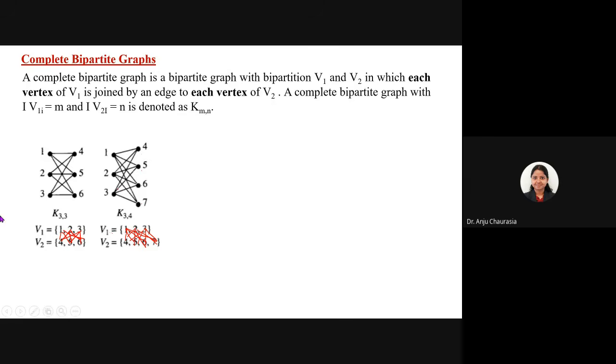So every vertex of the first set should be connected to each and every element of the second vertex set. That type of complete bipartite graph is denoted by K(M,N). M is the number of elements in the first vertex set, and N is the number of elements in the second vertex set.